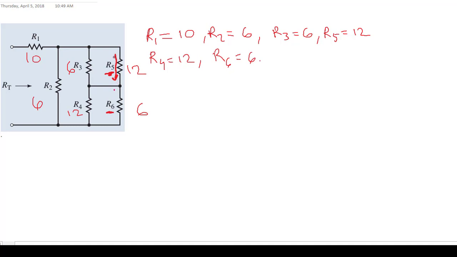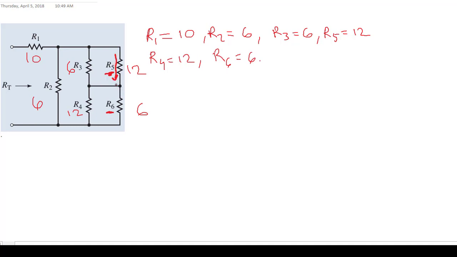So the current that passes through R5 is the same that passes through R6. But in this case, unless it is a very special case, it is not, since this current is going to either split into one part here, one part here, or some other current is coming from there to support it. So when there is a disconnection between two elements, then these two elements are not in series. You have to pay attention to this fact.